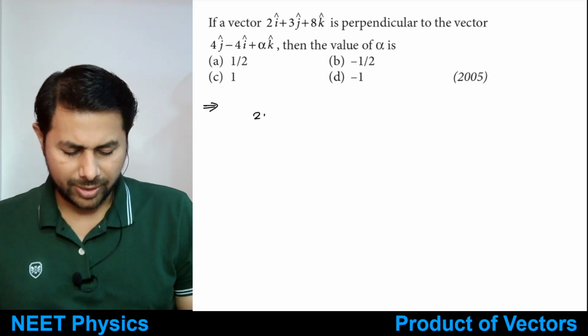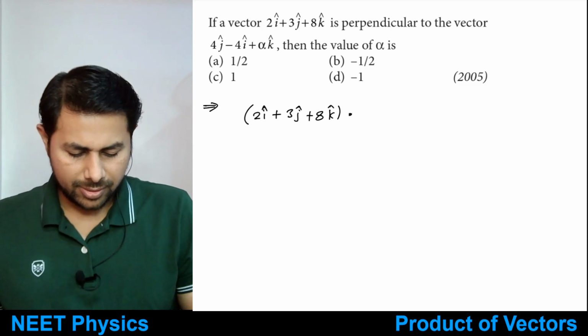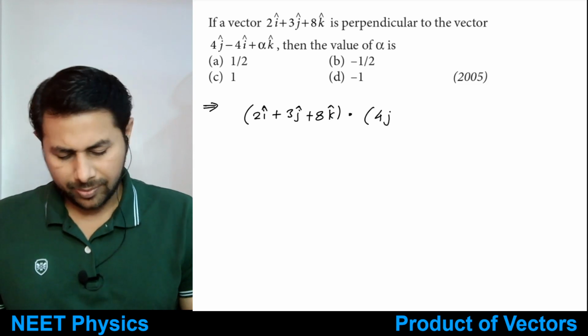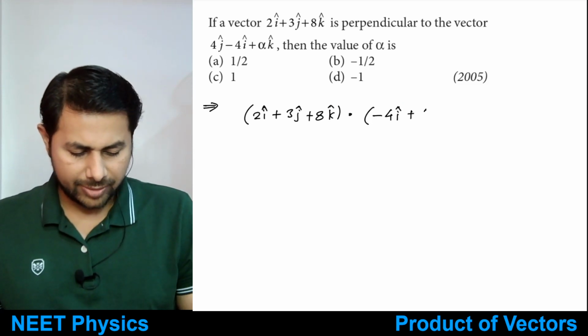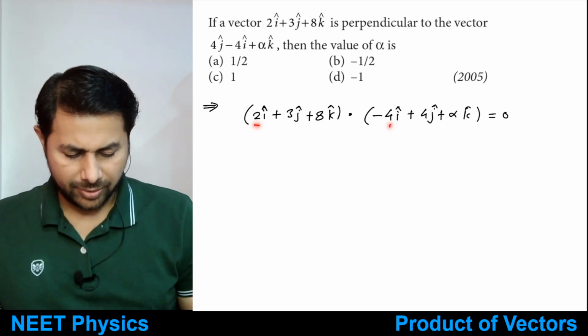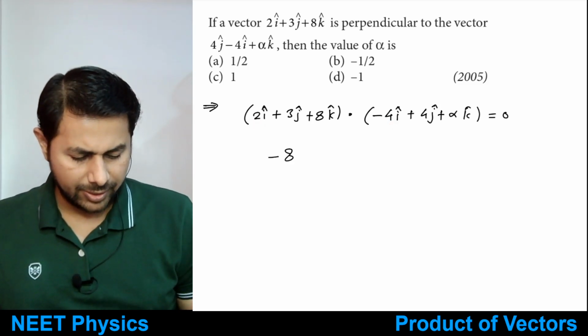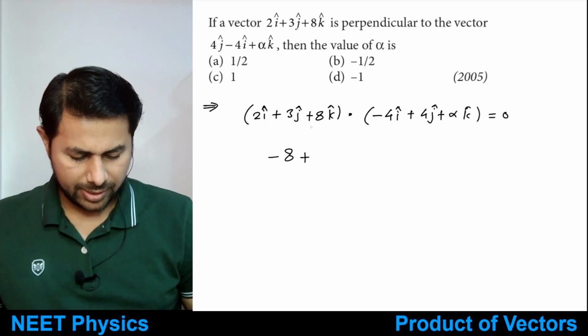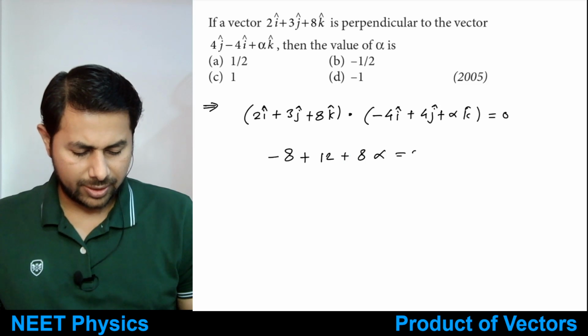So let's take the dot product. 2i cap plus 3j cap plus 8k cap dot minus 4i cap plus 4j cap plus alpha k cap, and that is equal to 0. So just multiply out: minus 4 times 2, minus 8, plus 3 times 4 is 12, plus 8 alpha is equal to 0.